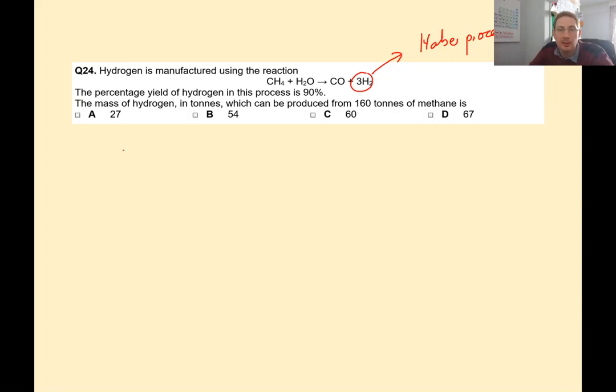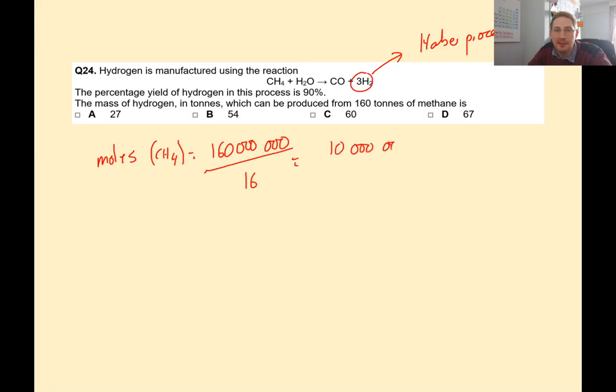Right, so we've got moles of methane is mass 160 million grams divided by 16, which is 10 million moles.